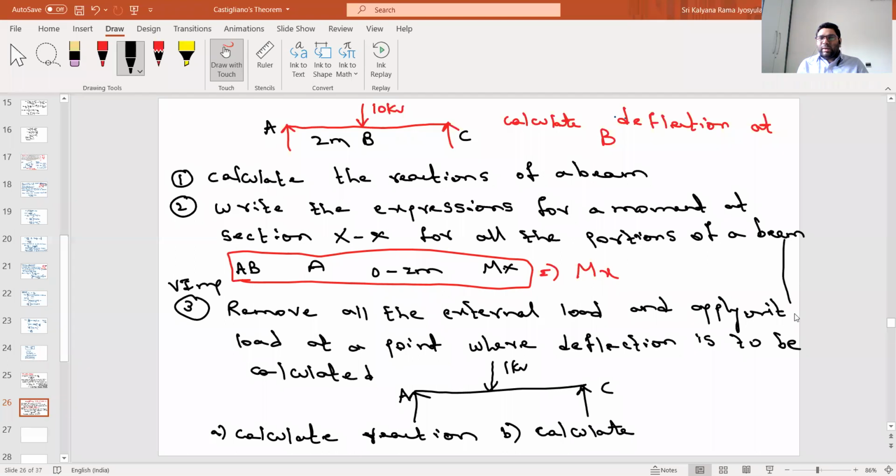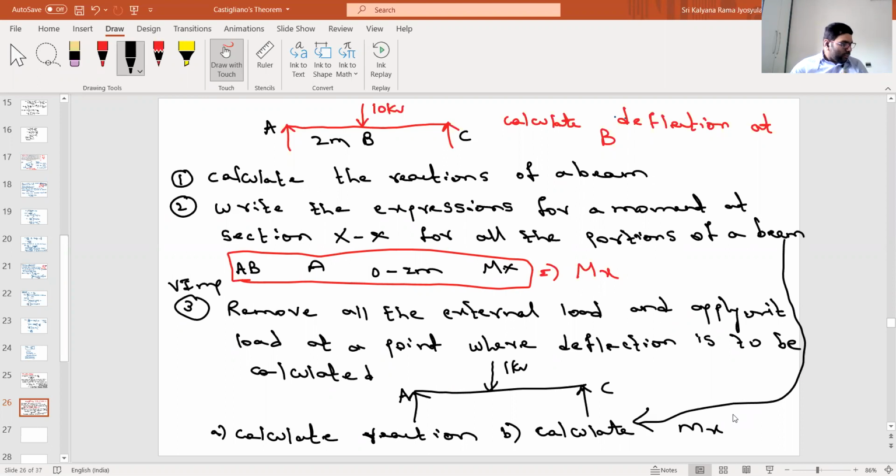We will use the same expression here, but for the 1 kilonewton load, and we will get small mx. So we need to write the expressions for the moment for all the portions of a beam with unit load.